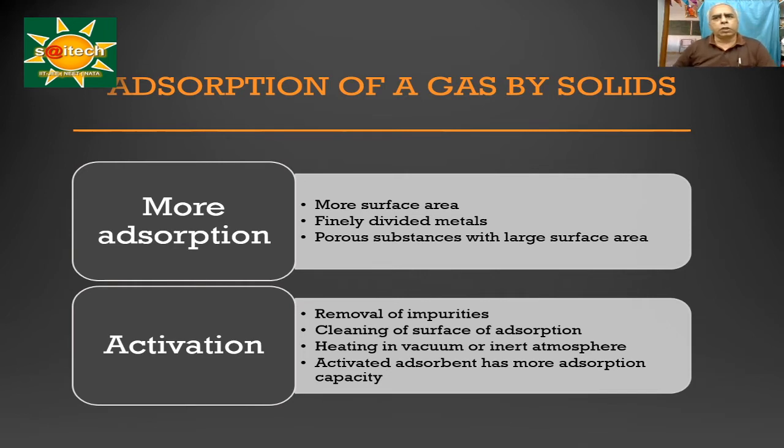Porous substances with a large surface area also have more adsorption. From this, one thing is clear: by decreasing the particle size of the adsorbent, we can increase the adsorption. It means by decreasing the particle size, we are increasing the surface area.